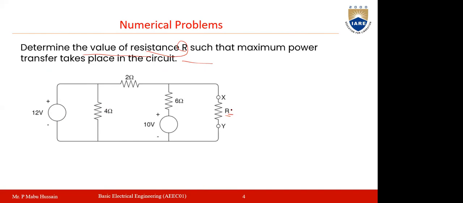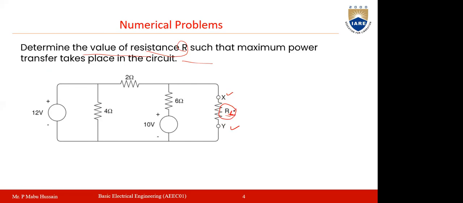Now in this circuit you need to determine the resistance R where the maximum power will take place. Between these two terminals, X and Y, are the terminals of your R, or you can simply take this as the load resistance RL.